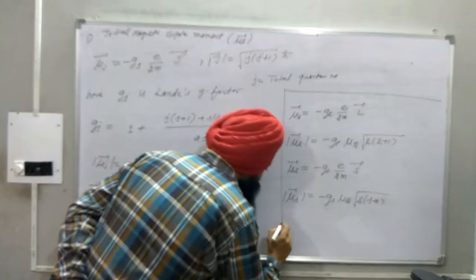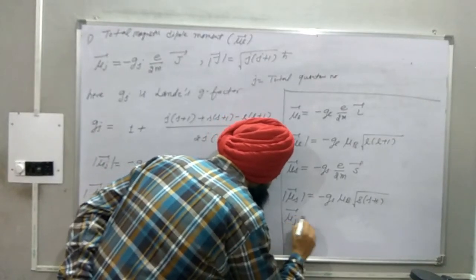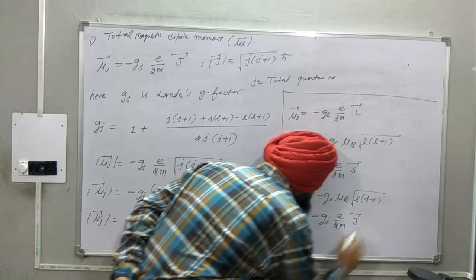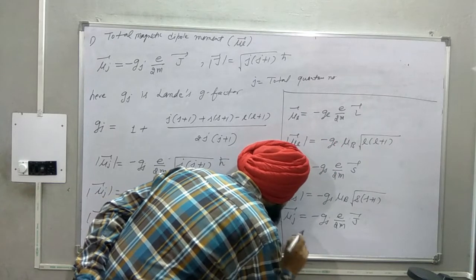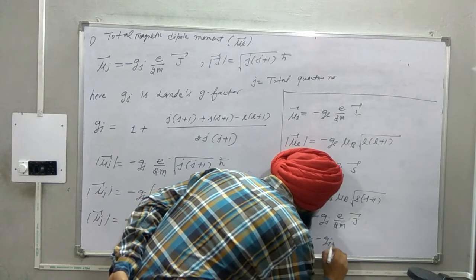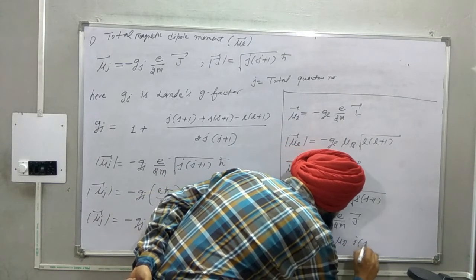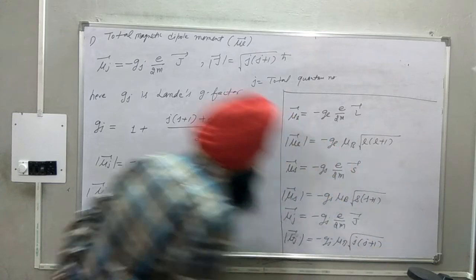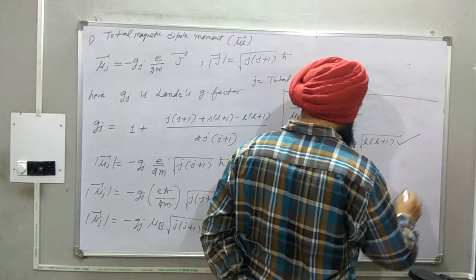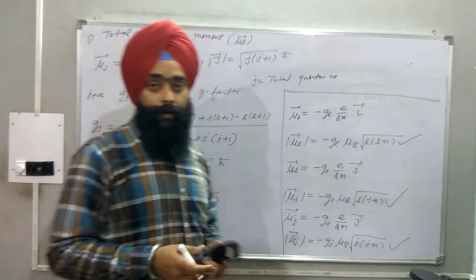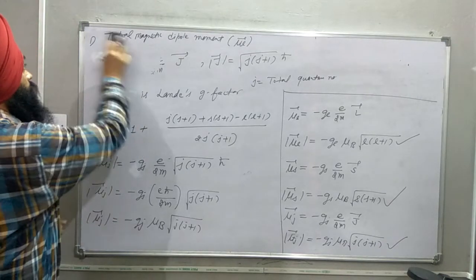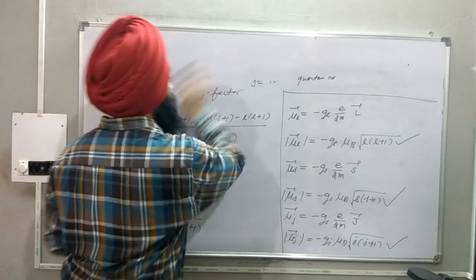Similarly, total mu J is equal to minus gJ e upon 2m into J, and in magnitude mu J is equal to minus gJ mu B under root J into J plus 1. We have to keep in mind all these formulas, especially the magnitude ones, to solve numerical problems. So with this we are done with the magnetic dipole moments.